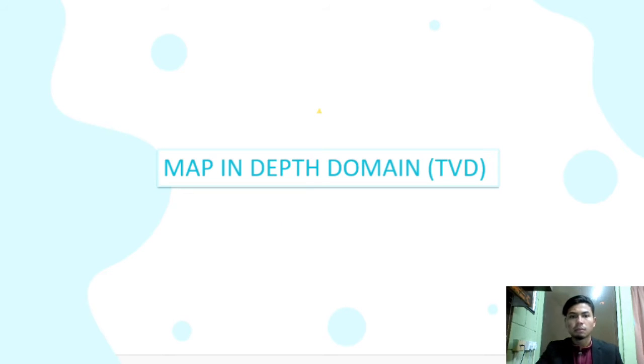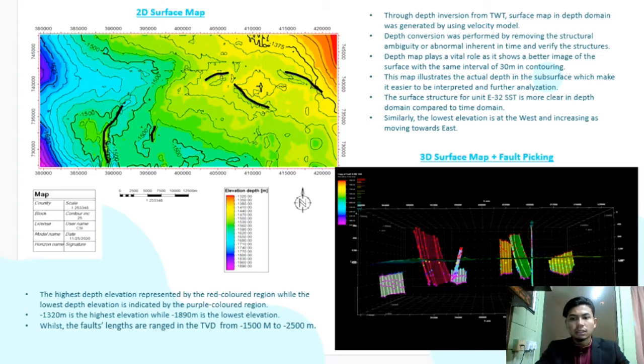I will proceed with the map in the depth domain. This is how the depth domain map looks. This is the 3D section, and this is the 2D section. From the 2D section, we can see that the elevation increases from west to east, and we can also see the fault structures in this section.